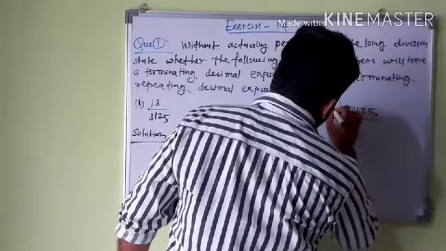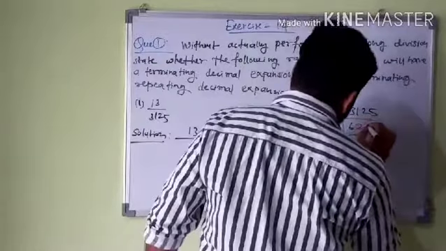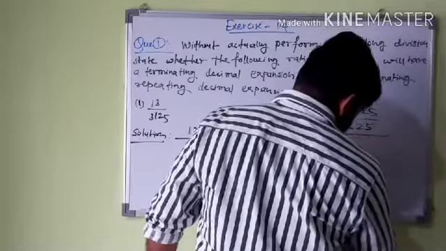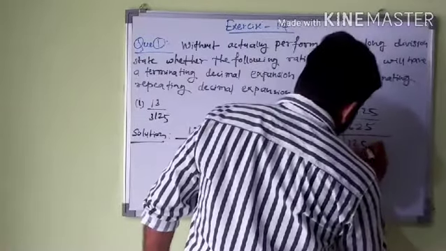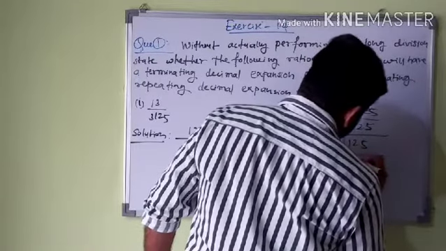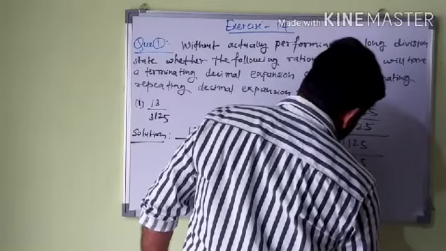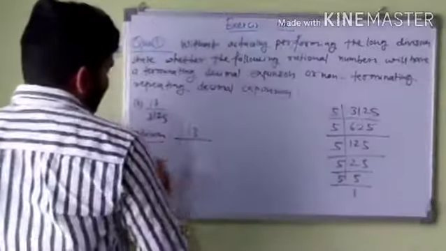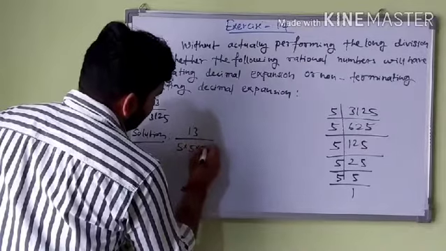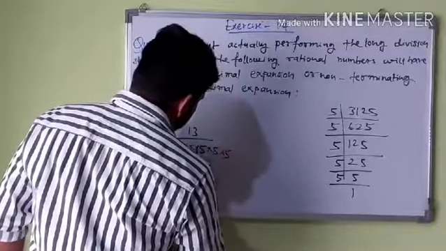The prime factorization of 3125 is 5 into 5 into 5 into 5 into 5, that is, 5 to the power 5.